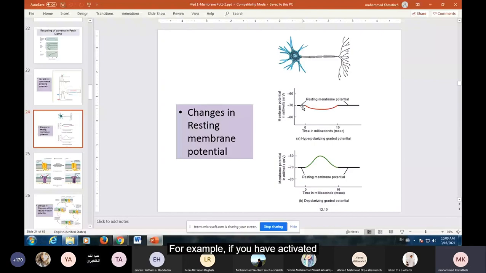For example, if you have activated more potassium channels, you are recording a more negative potential at that membrane than the resting membrane potential, and we have called that hyperpolarization.